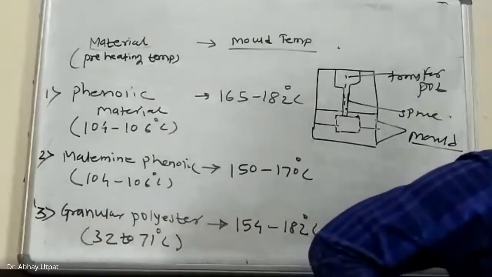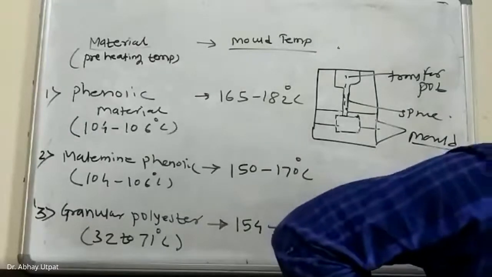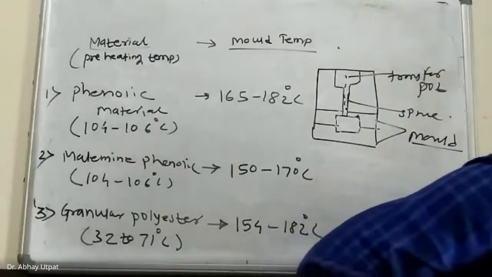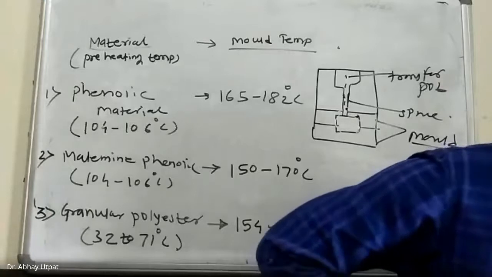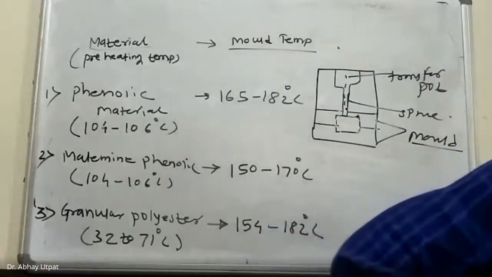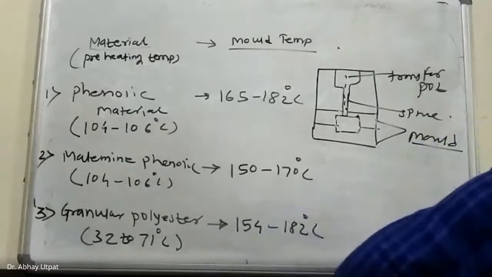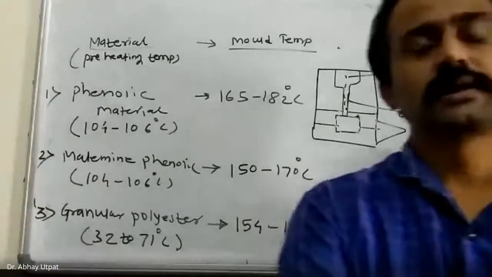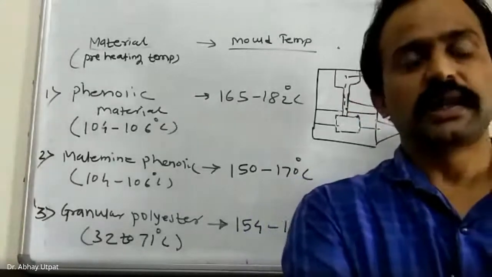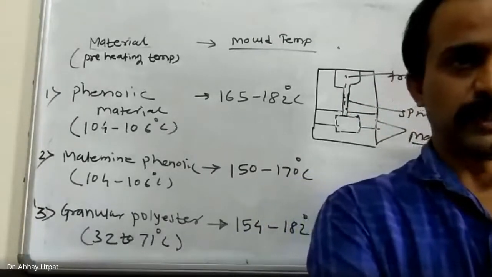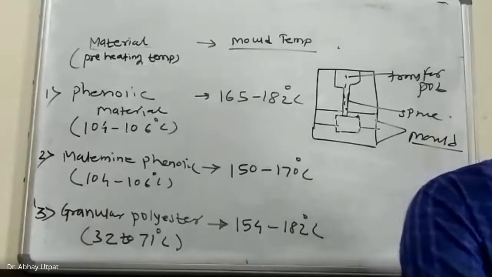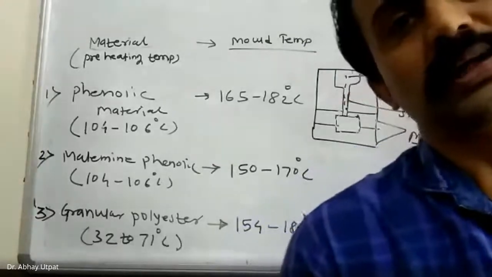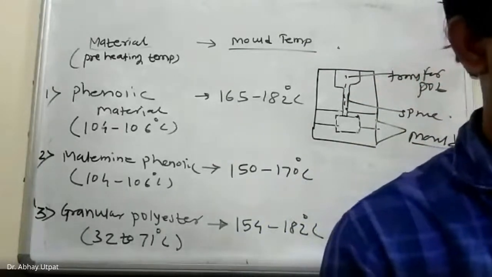Parts which are difficult to produce by compression mold are produced by transfer mold. Second, small as well as large diameter core pins can be used.